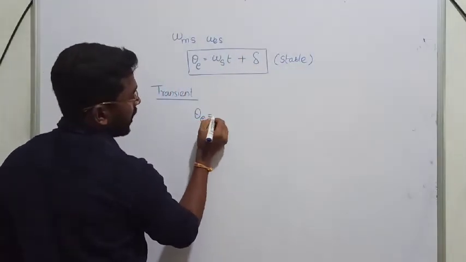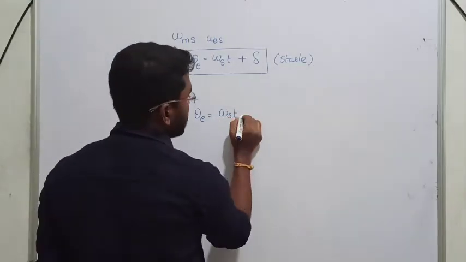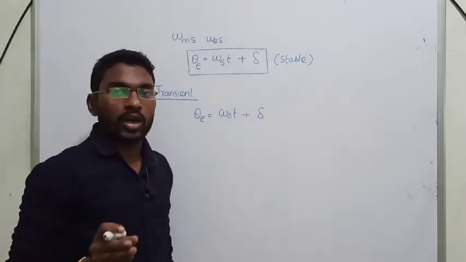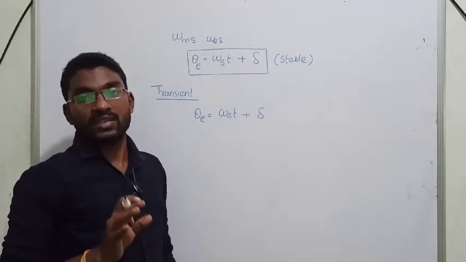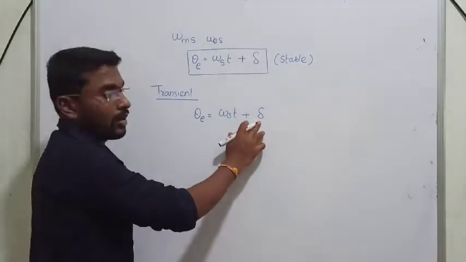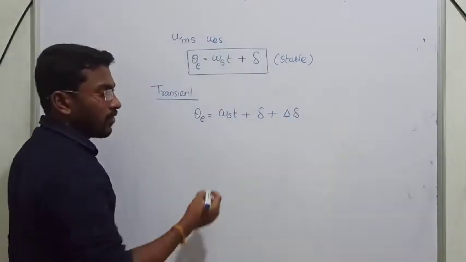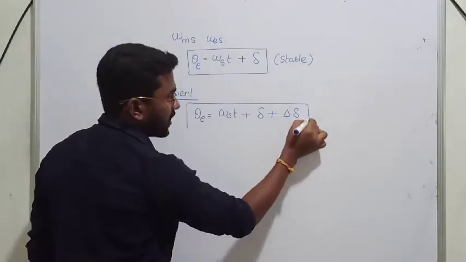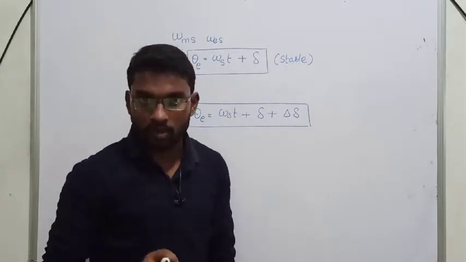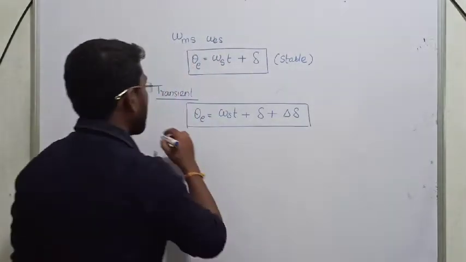The new θE can be written as ωst, the synchronous speed of the machine, plus δ, the phase angle difference between the rotor MMF and the resultant rotating magnetic field MMF. That is the value of δ now. With this, we have one more change. What do we mean here? Because of the changes in rotor speed, rotor MMF and resultant MMF, a new angle will be produced under the transient zone.